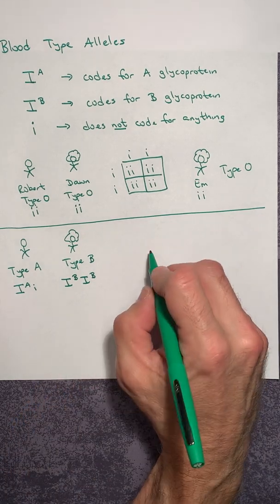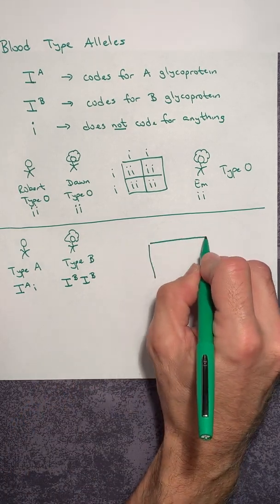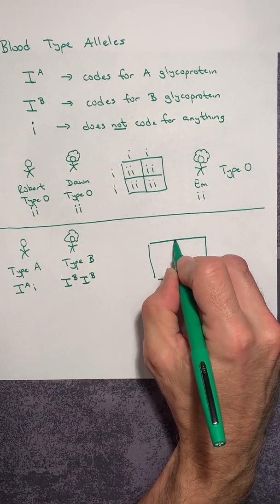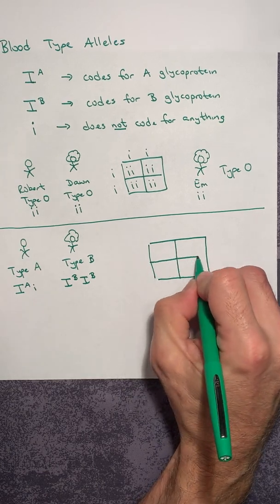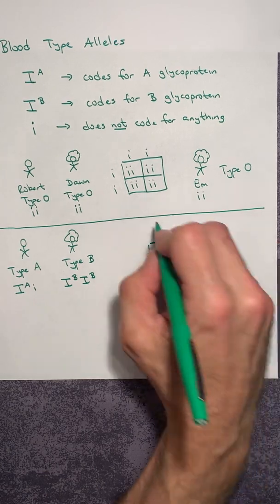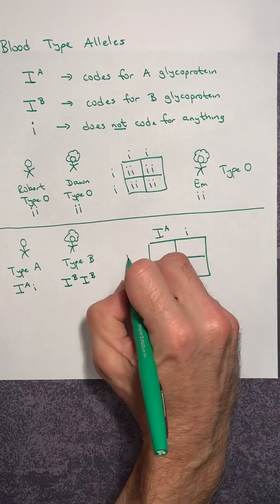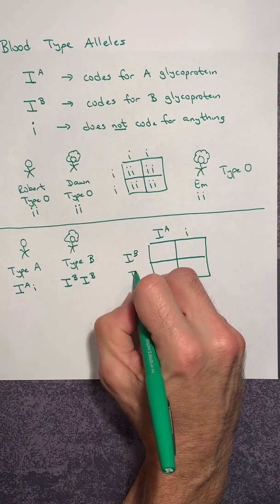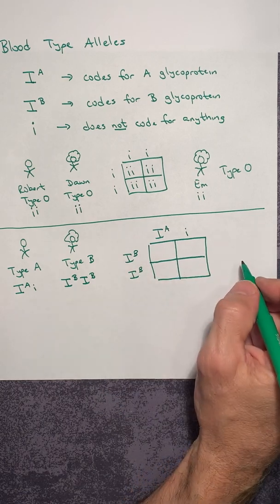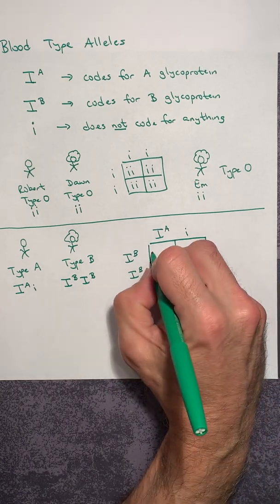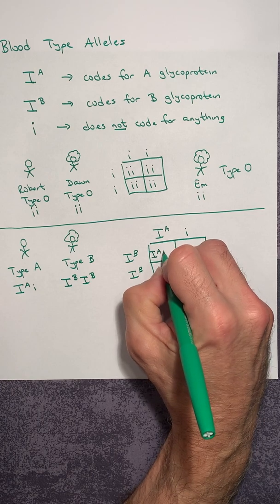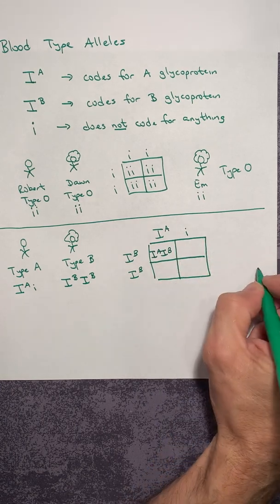Okay, so let's see what their Punnett square would look like. So let's put his contribution here. So here's IA little i. Her contribution, IB. So, top left box, IA, IB.